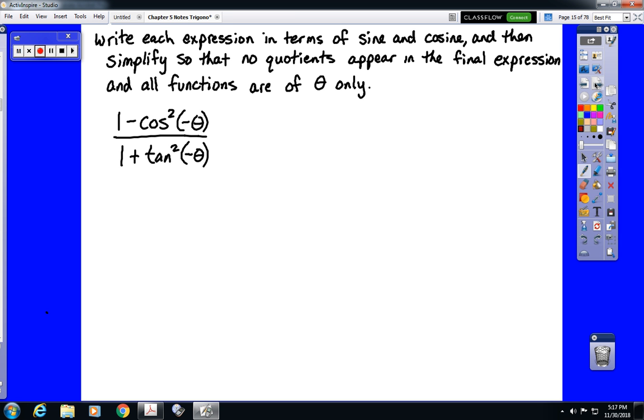So, this next expression, we have some negative angles to deal with again. However, I want to point something out here, and that is what these things are actually saying. It doesn't really matter whether or not these end up being negative, because this notation is saying that we are squaring those cosine negative theta, tangent negative theta, which means it doesn't matter whether they're positive or negative.